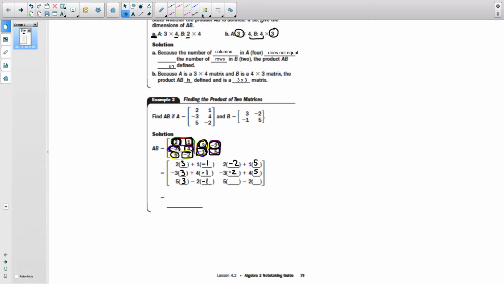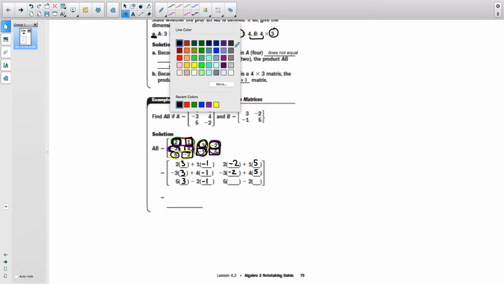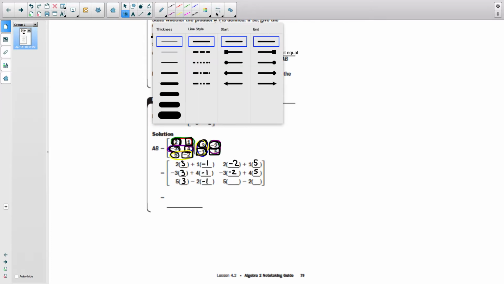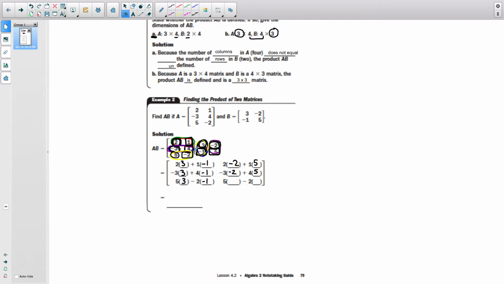Okay, and I'm going to now use a pretty pink. Okay, so now we're going to do last row by the last column. And so this is going to give us our third row, second column entry.